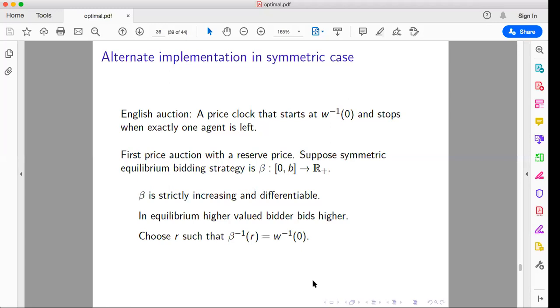So, for instance, if you just say that whoever has the highest value, I will give that object to that agent for free, you may think that that will maximize social welfare because you will give it to the highest valued agent and not charge anything. But that's not going to work because people will manipulate in that. So payments will be required, and the point is to design the payments.